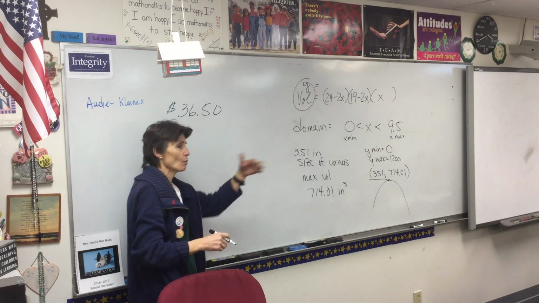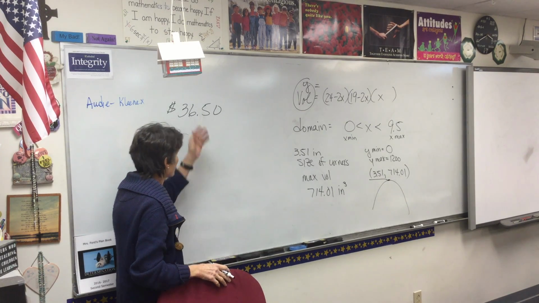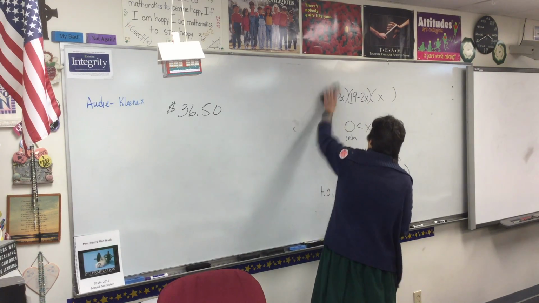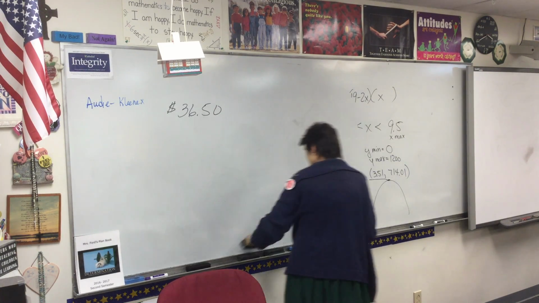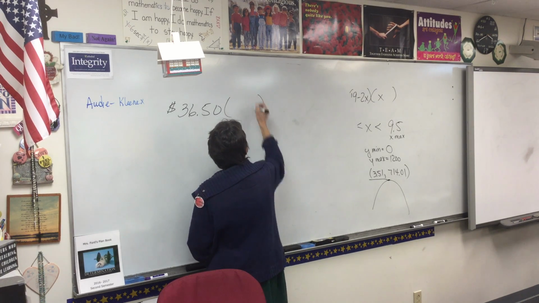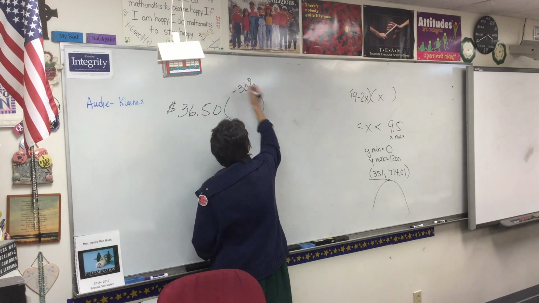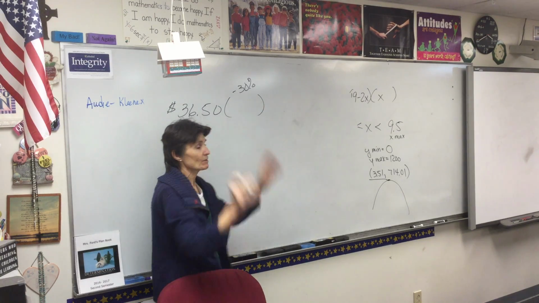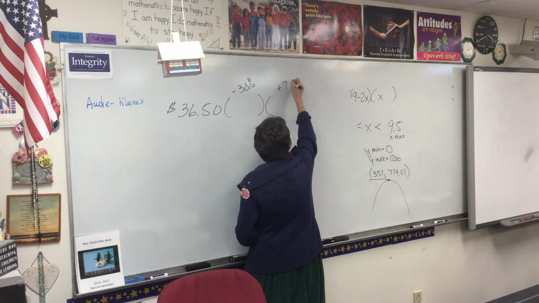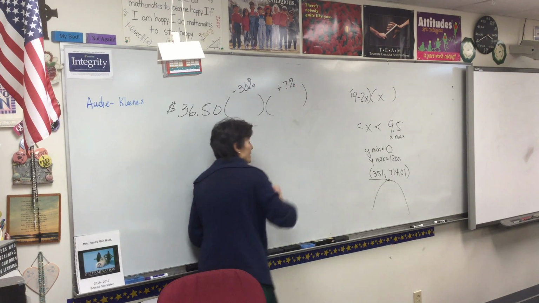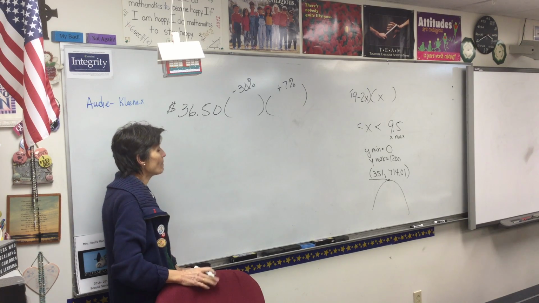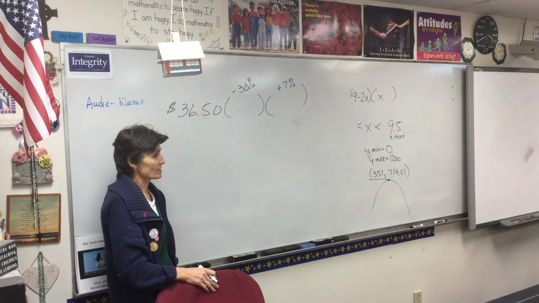So I walk into the store and the thing that I want costs $36.50, but the store is having a big sale and says it's 30% off. Everything in the store is 30% off, but I live in Indiana, so I have to pay a 7% sales tax. So the question is, how much am I actually gonna have to pay for this thing?